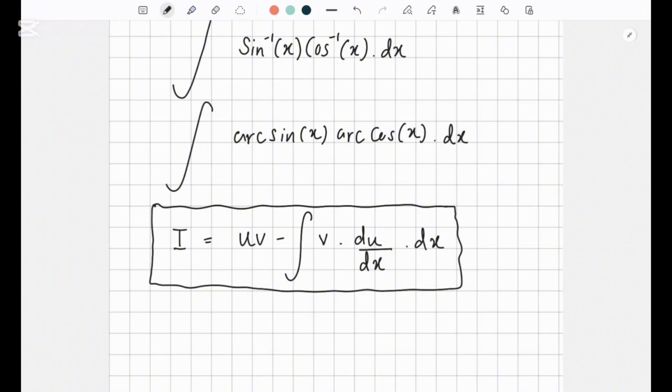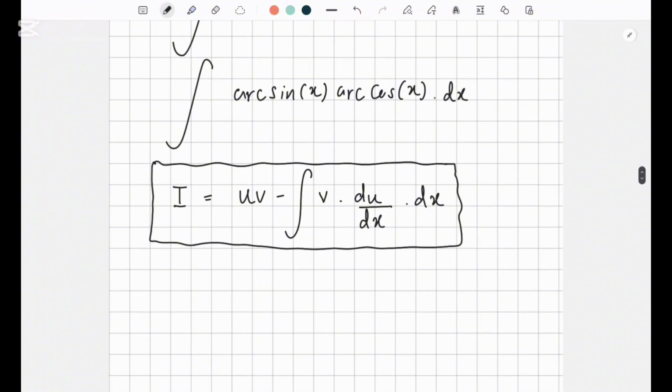Separately, we don't know the integration, right? So anyways, it doesn't matter which term you take to integrate and which term you take to differentiate. So you could take cos inverse x as u, and you could take dv over dx as sine inverse x. You could do it like that, any way you like.